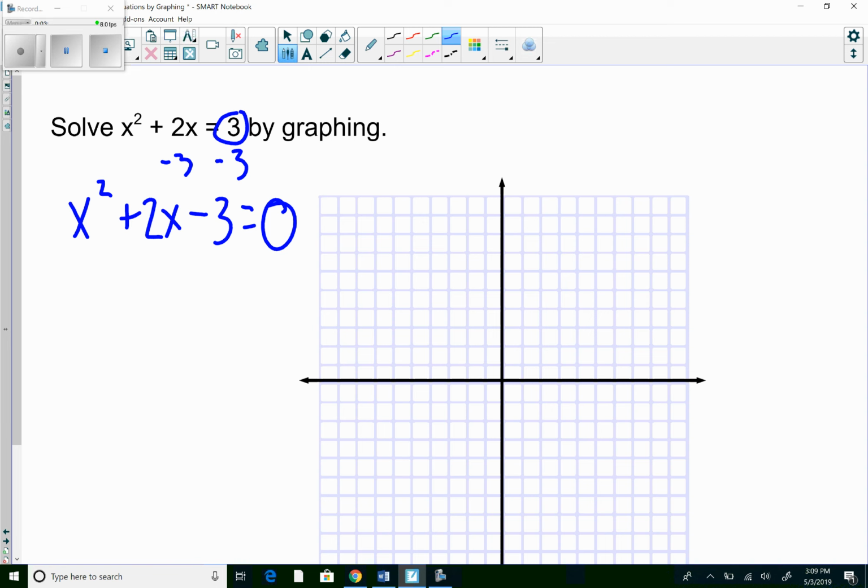Then I think technically what they want you to say is y equals x squared plus 2x minus 3. Remember, if it's y equals, we know that it's the equation of something that we can graph.